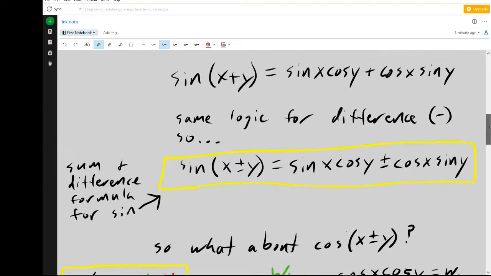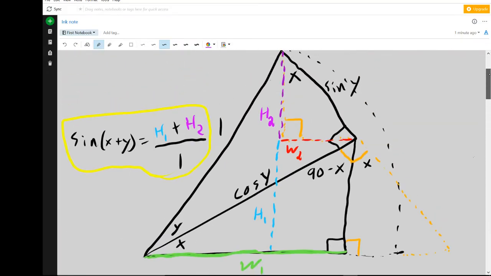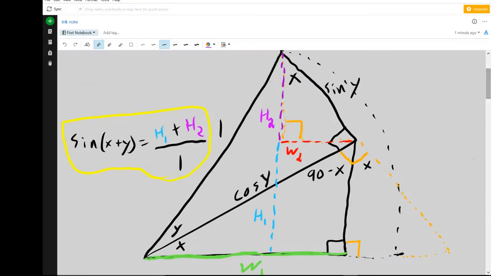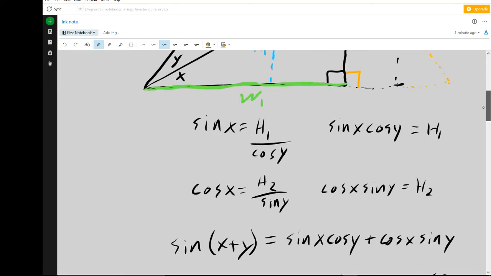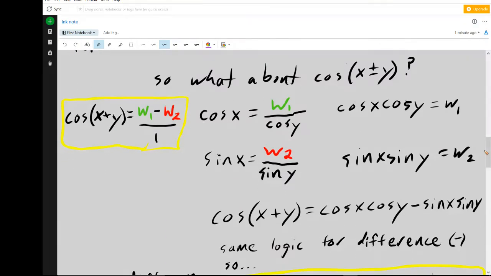We have to use our newly formed one at the top of the triangle, this x up here. We're going to take the sine of x is equal to W2 over sine y. Let's go back down. We multiply both sides by sine y to get W2 by itself.